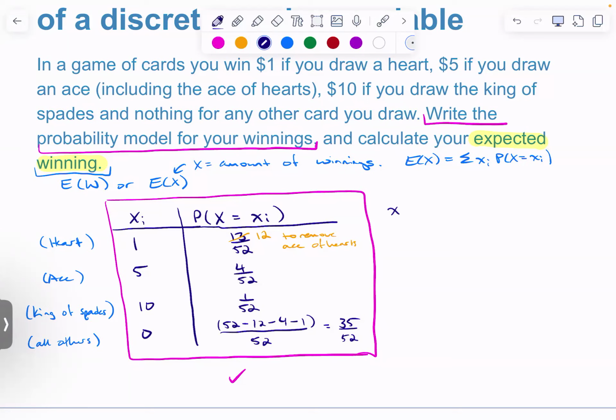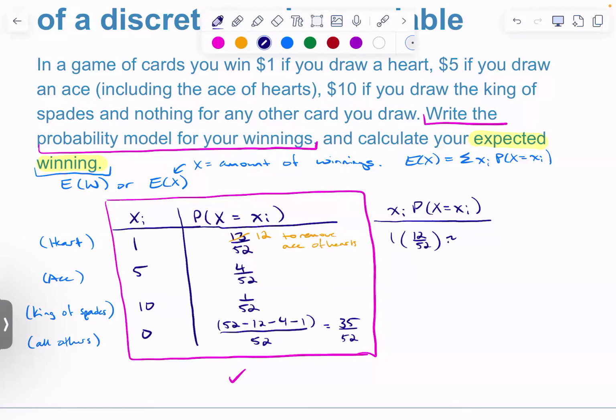I'll do an xi here. Xi times the probability of that xi happening is 1 times 12 over 52. Let's see if 12 over 52 is nice.